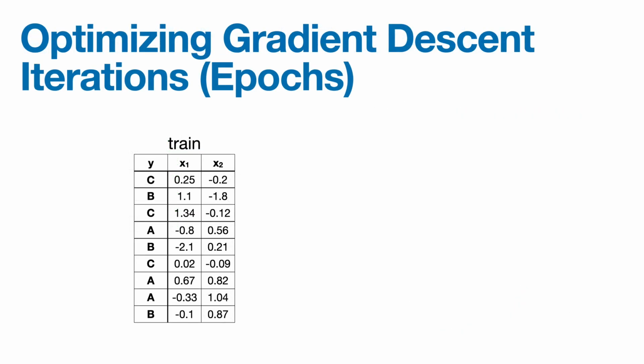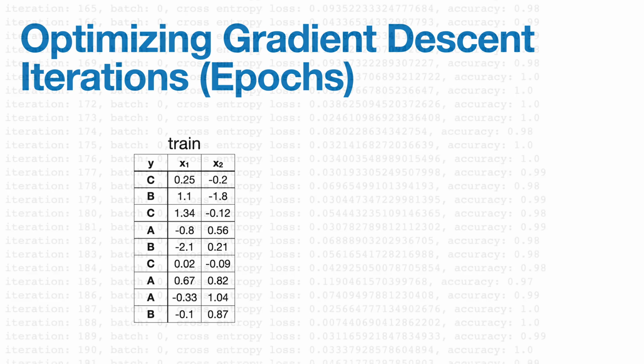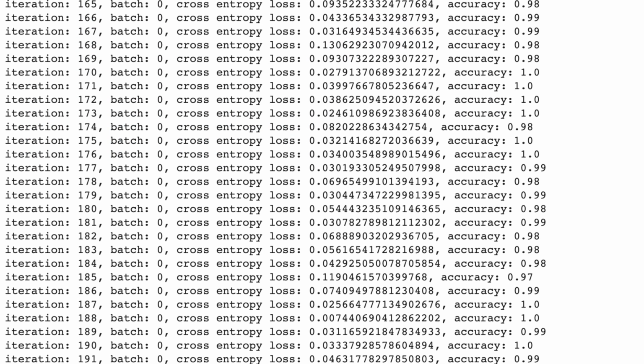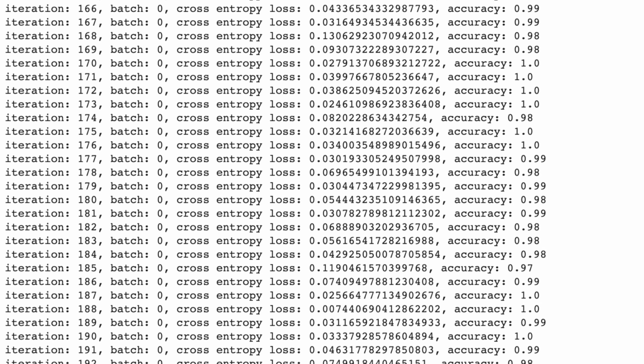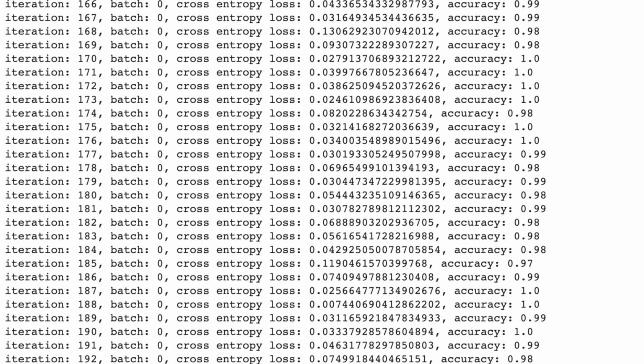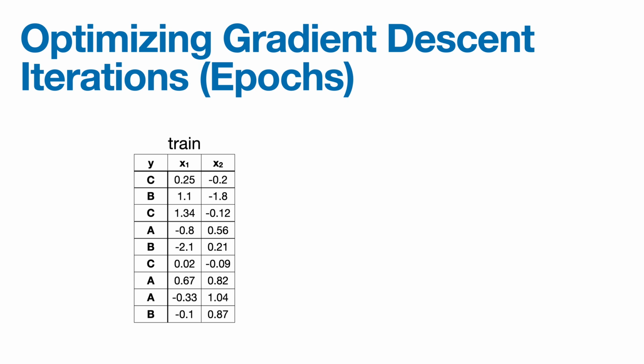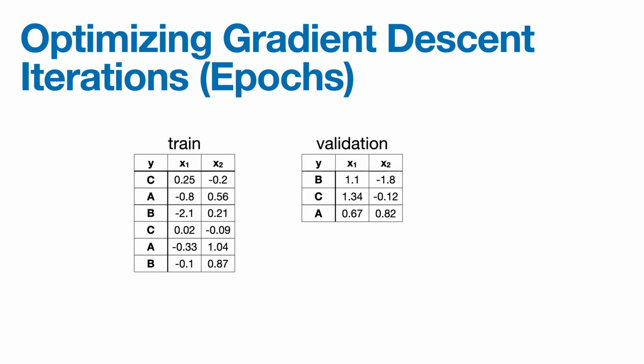Lastly, how do you know how long to train a neural network? In other words, how many gradient descent steps, or epochs, should you make? So far, when we've trained our neural networks, one of the things we monitored was the cross-entropy loss of the training data. In practice, what we really want to do is, first, randomly remove a small portion of the training records and call this a validation dataset.